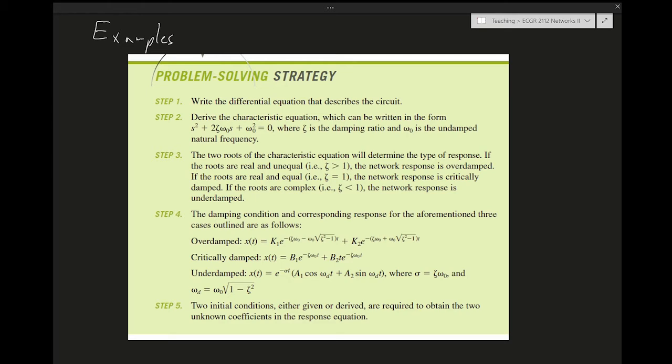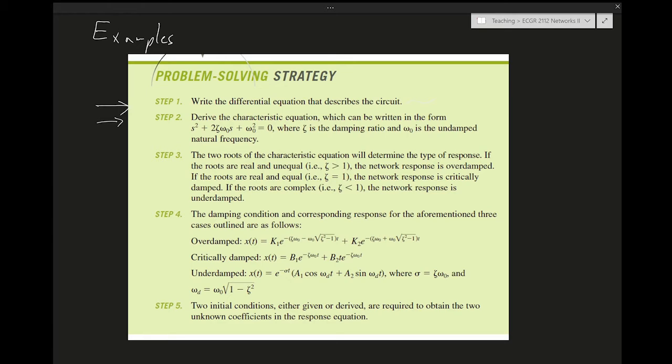In a similar way, the author describes 5 steps to handle second order circuits, and those are logical steps. So of course, first you have to write the differential equation, right? And then the other step, which is different now, is solving the equation using the characteristic equation method.